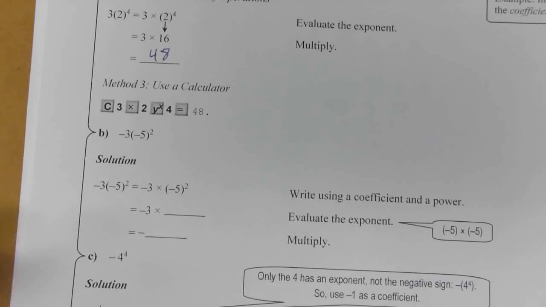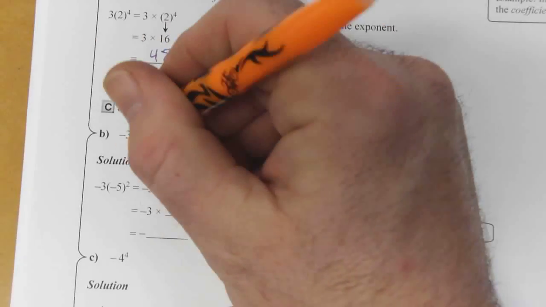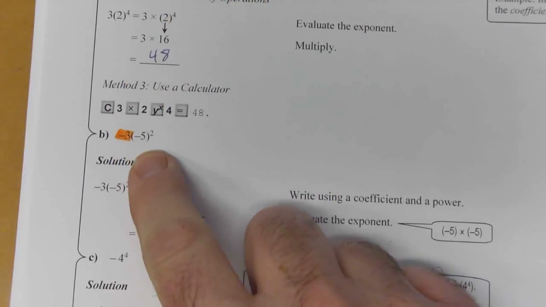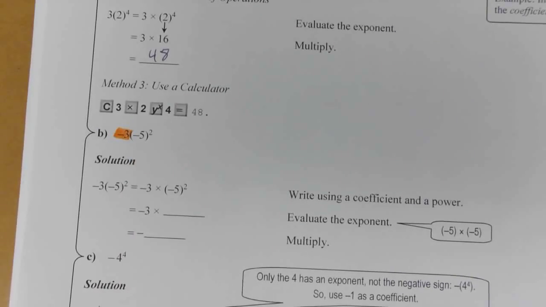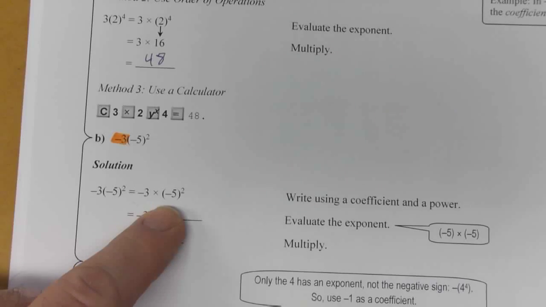Part B. Same concept, we're just introducing some negatives in here. The -3 is again our coefficient, and then the rest of it is a power. So this means -3 times -5 squared.